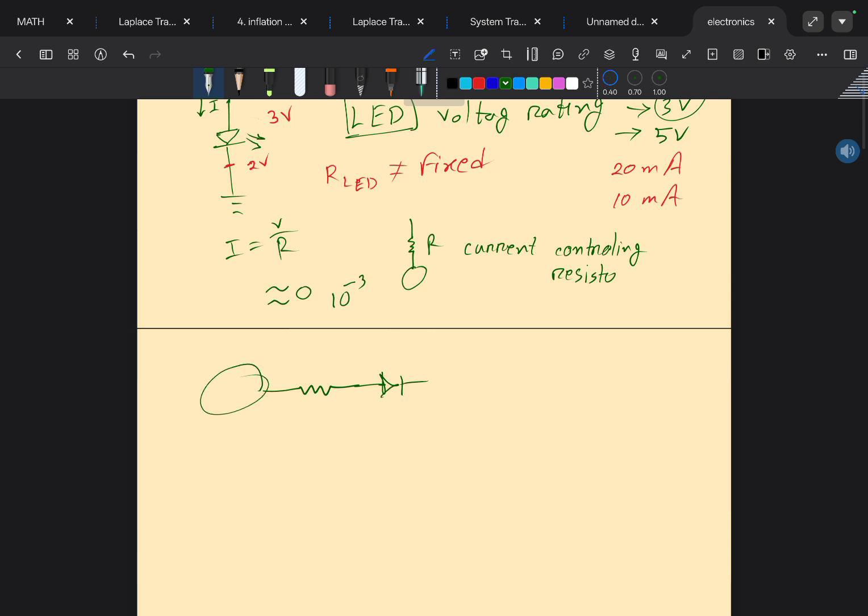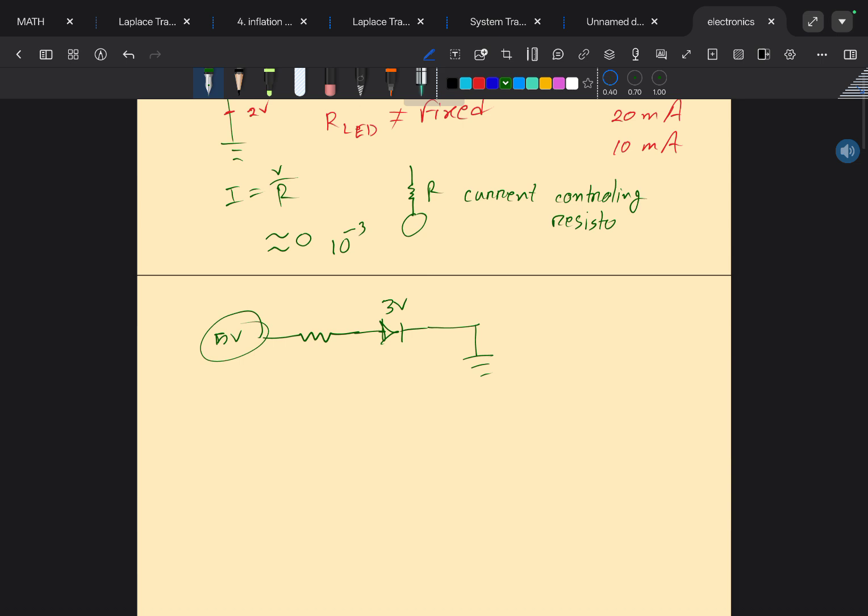Let's say we are providing 5 volt here, for example, and the LED is of 3 volt rating, and this is just ground. So for this resistor, we basically have a working voltage of 2 volt. 5 volt subtracted by 3, we get 2 volt working voltage down here.